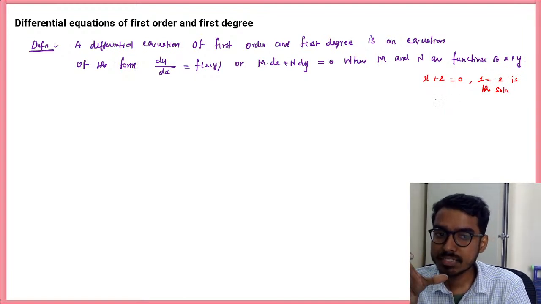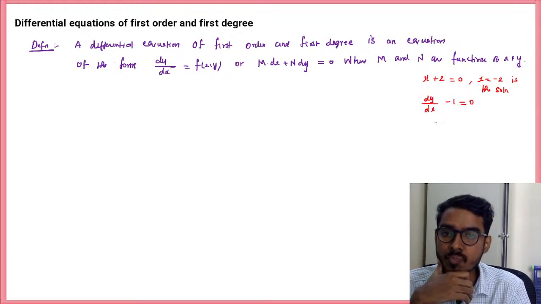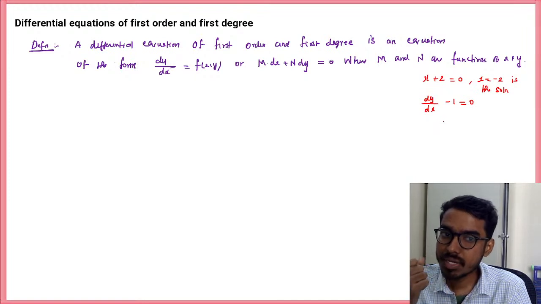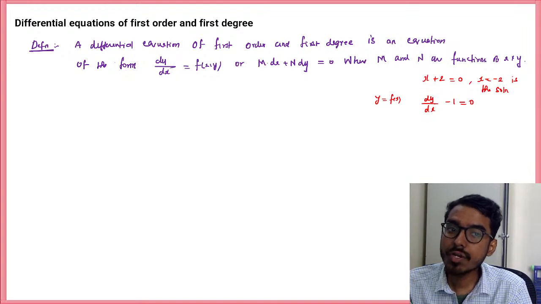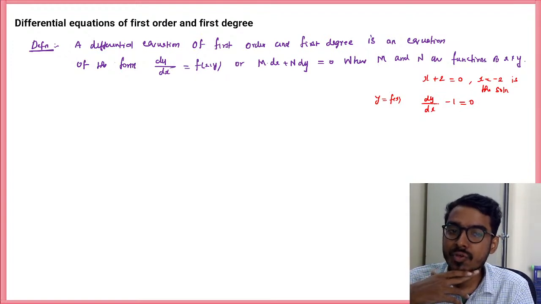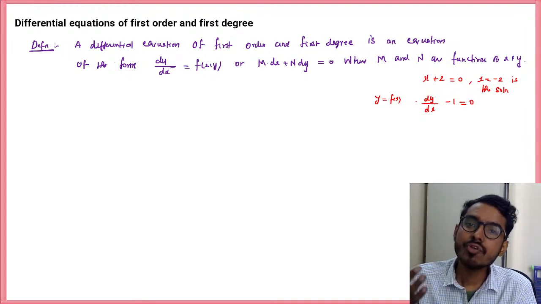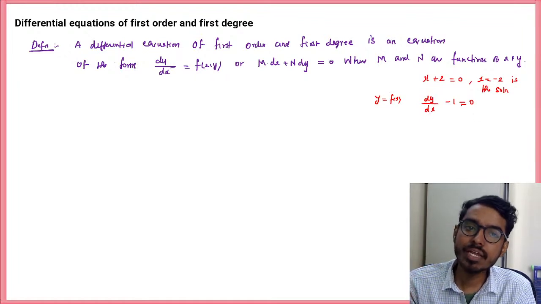Now similarly, consider this equation: dy by dx minus 1 is equal to 0. Here we need to find a function y, where y is a function of x. You need to differentiate that, then subtract 1, and you have to get 0 as an answer.